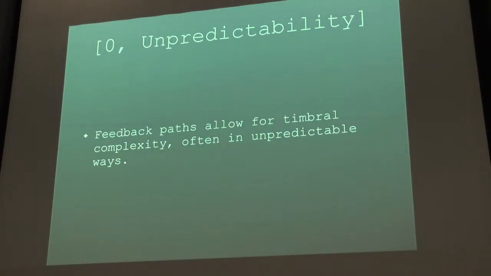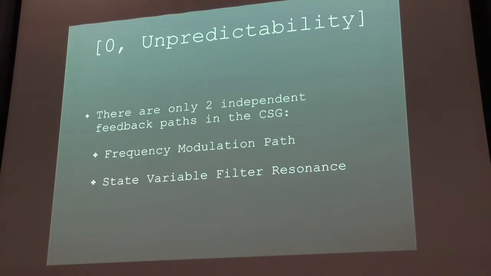So let's go through these principles a little bit and see how the instrument really realizes them. Unpredictability is basically that feedback paths allow for timbral complexity, often in unpredictable ways. I think we've seen quite a bit of this at this conference. There are two independent feedback paths in the CSG.